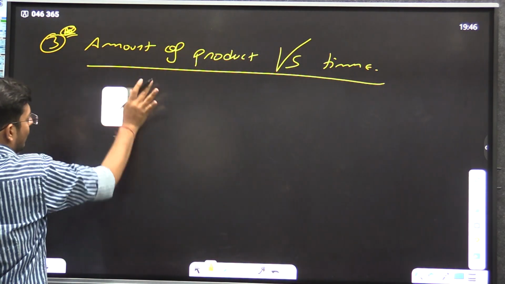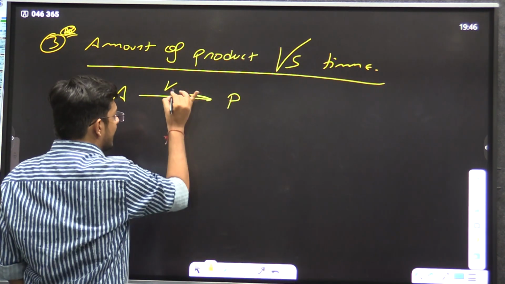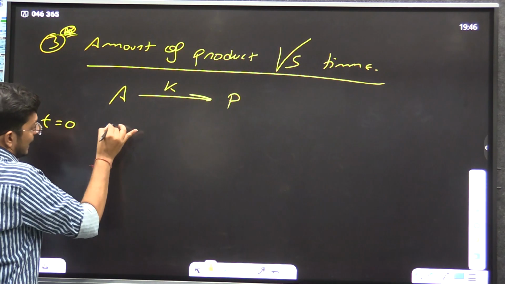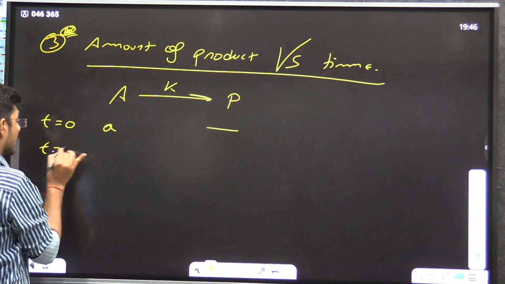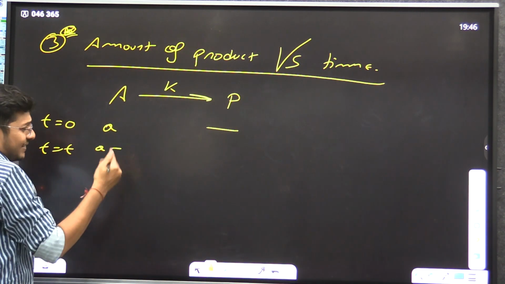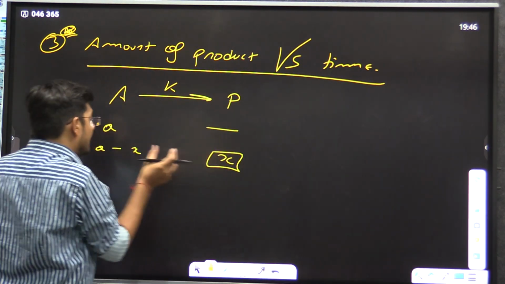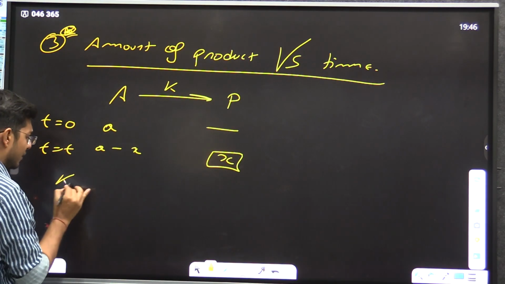Let's suppose we have a reaction A changes to product P having the rate constant K. At time t equal to 0, the initial concentration is A, and at time t is equal to T, let's suppose X amount is converted into the product P, then the amount left is A minus X. We need to put this value.